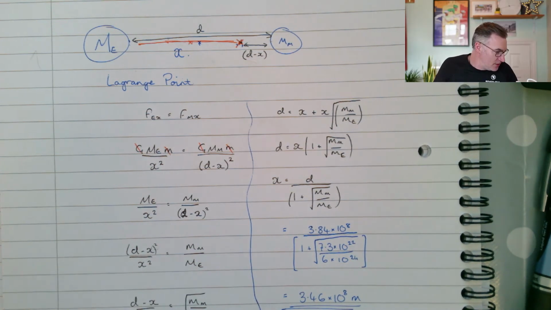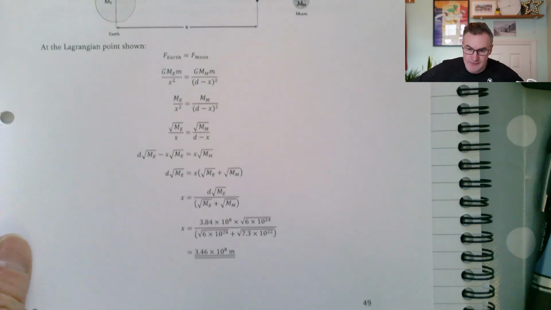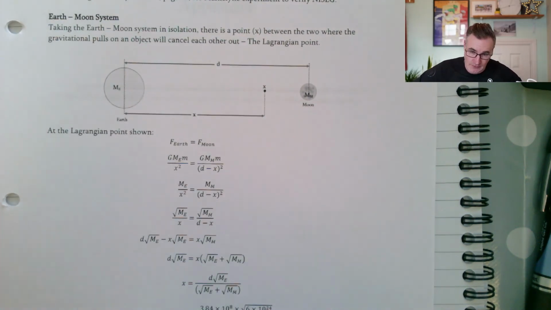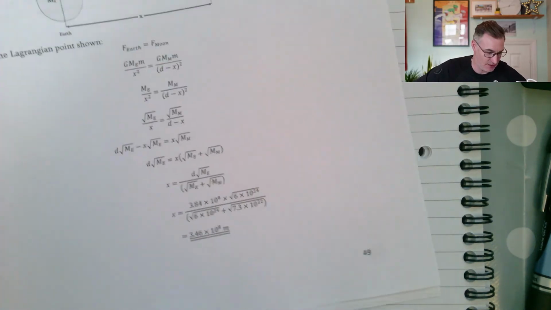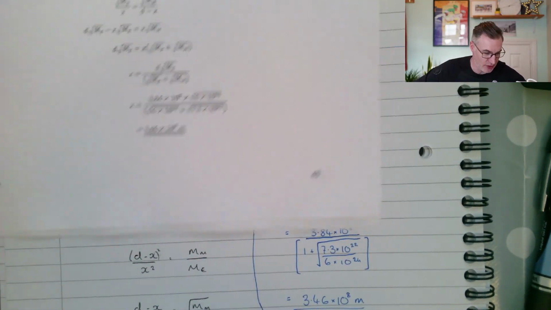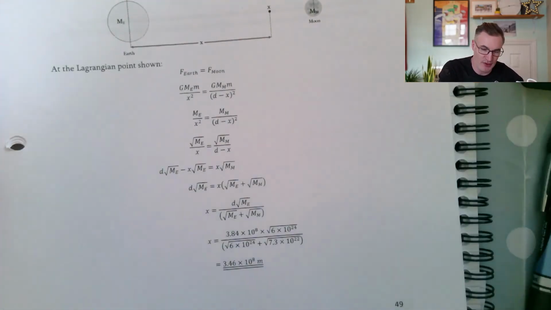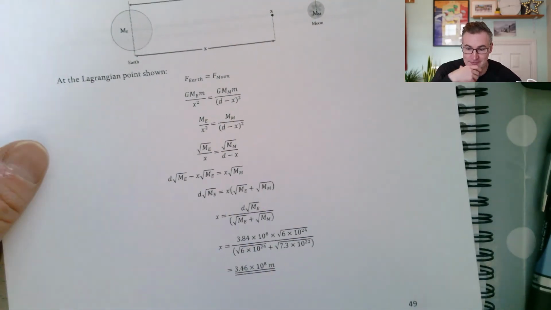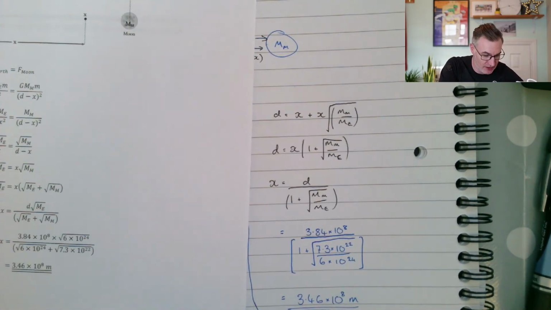Now, you can see at the very start of this there's an example in here, and the keen-eyed among you might notice that my rearrangement here is completely different to what my rearrangement was here. But at the end of the day, 3.46 times 10 to the power of 8, 3.46 times 10 to the power of 8.